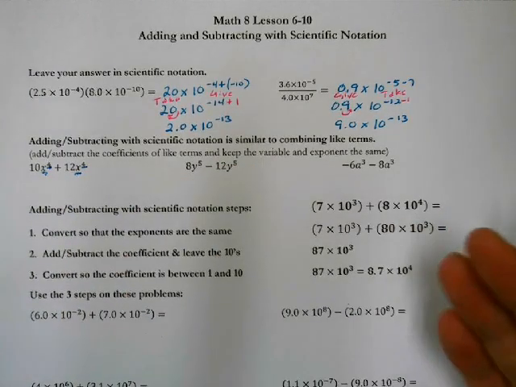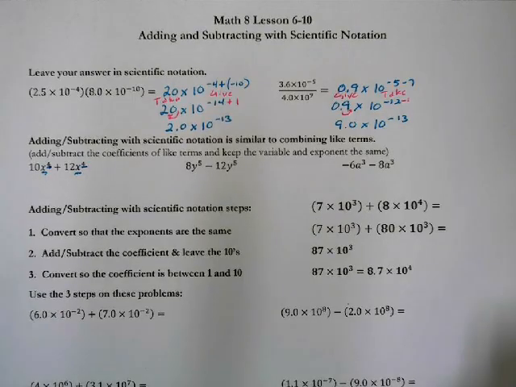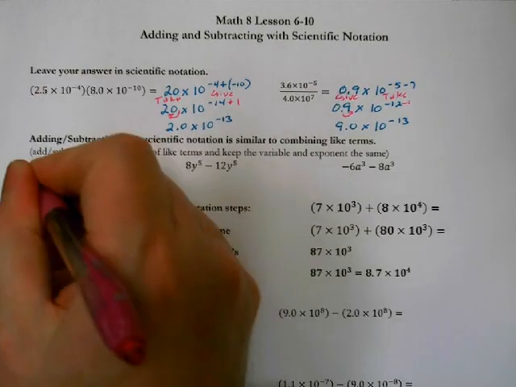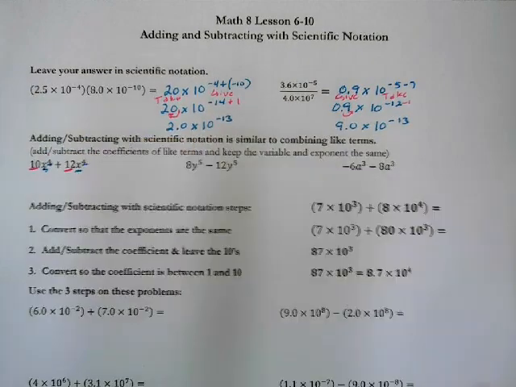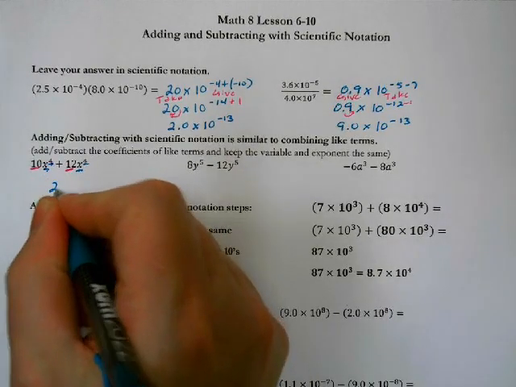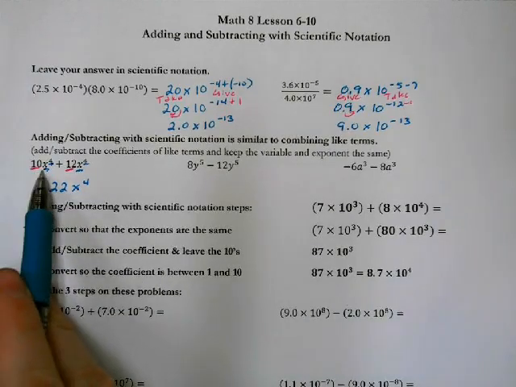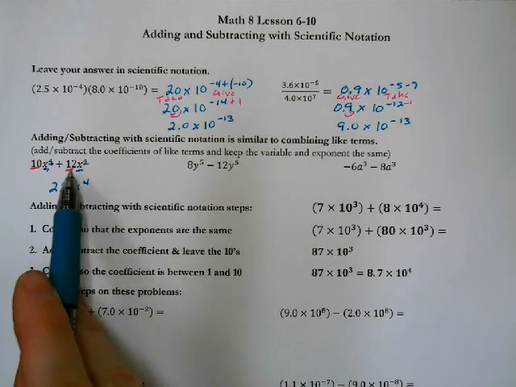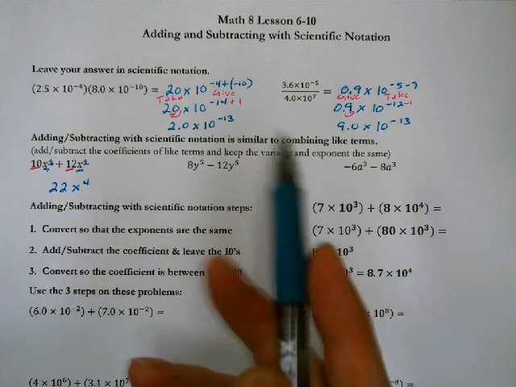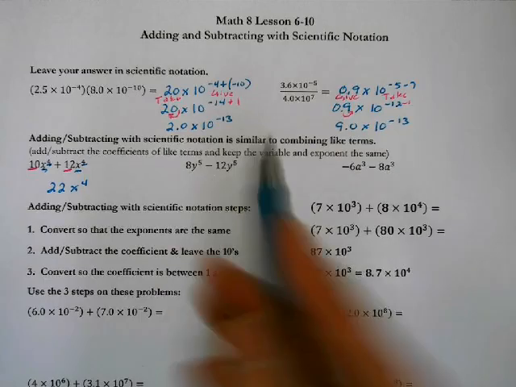Since both of those things are the same, these would be considered like terms. And when we have like terms, all we do is combine the coefficients. So 10 plus 12, I get 22x to the 4th. So this is like saying I've got 10x to the 4th, and then I've got 12 more of the x to the 4th. How many x to the 4th do I have? I got 22.